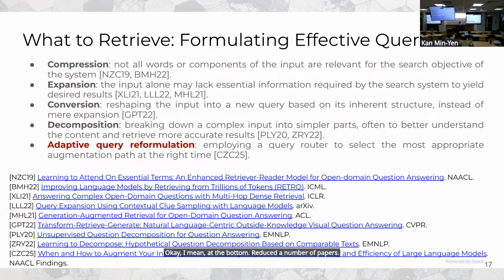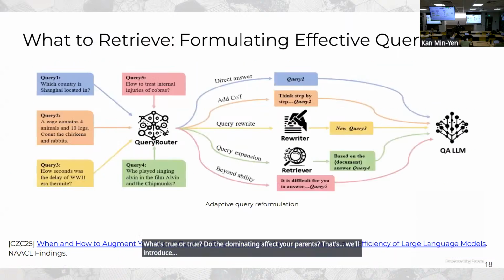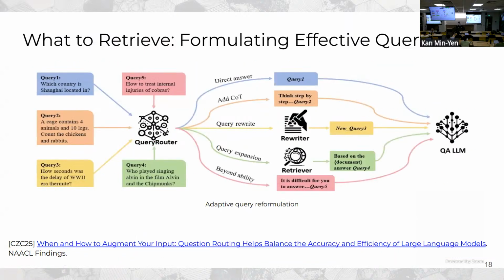You can use them as a reference to have a good understanding of what to retrieve, namely formulating effective queries. Next, we'll introduce an example work about adaptive query reformulation.